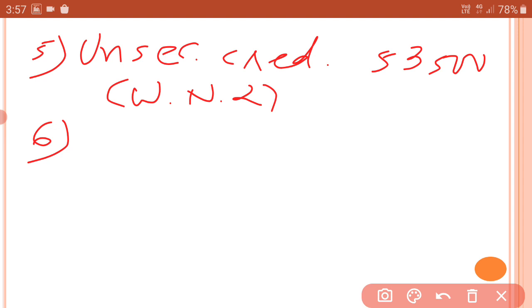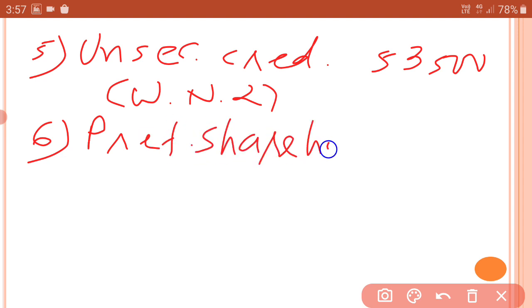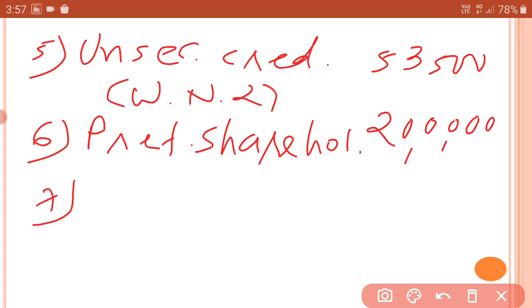Then number 6, preference shareholder. As given in the question, 2 lakh directly, so there is no extra dividend outstanding.